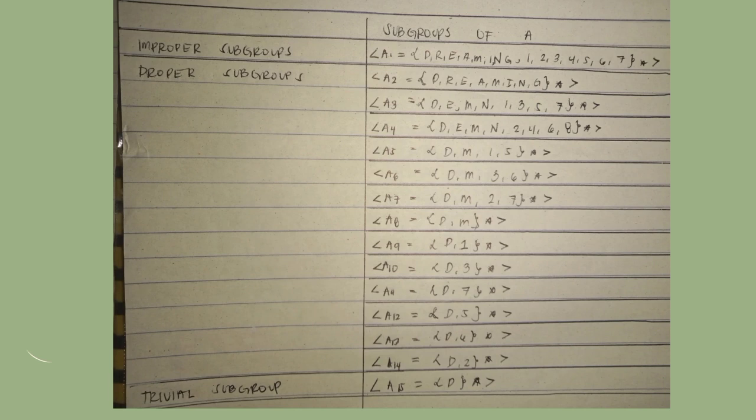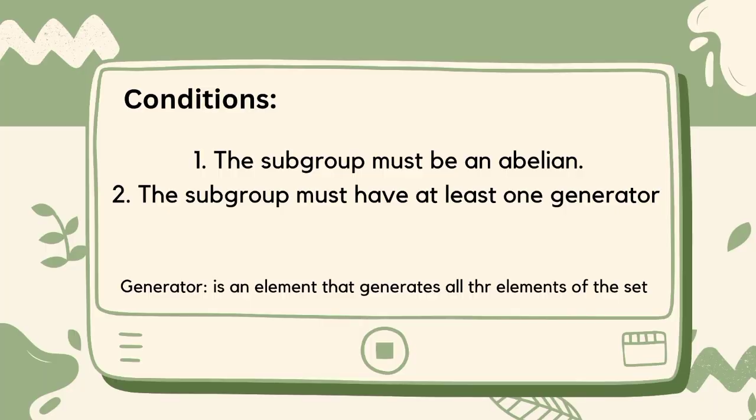So again, here is our subgroup and we already discussed it in task number 2. Now we will explore and check which subgroups are the cyclic subgroups. So let's check the given conditions.